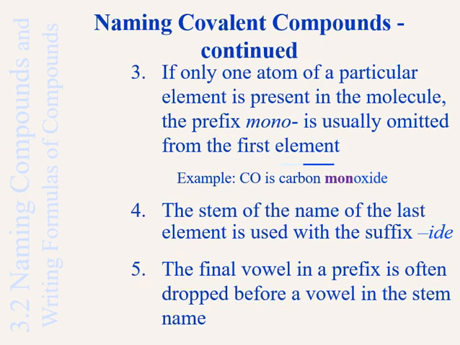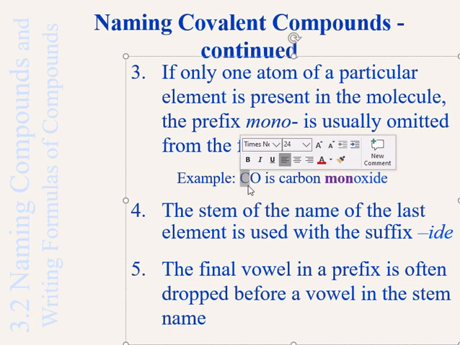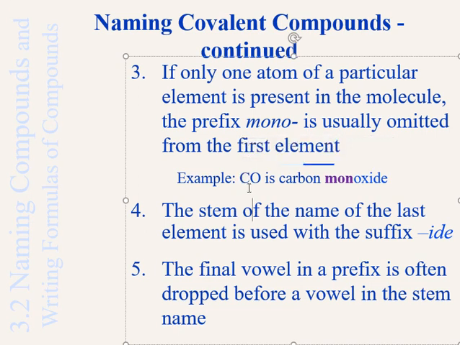And we need to do that every time we have a compound that's covalent. There is one slight exception. When the first atom in a covalent molecule is just one single atom, we don't specify that as mono. We just give it its name.